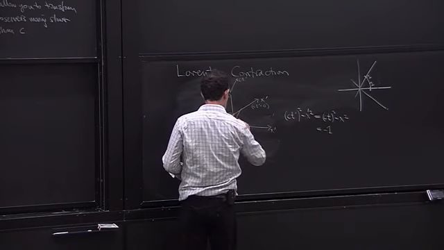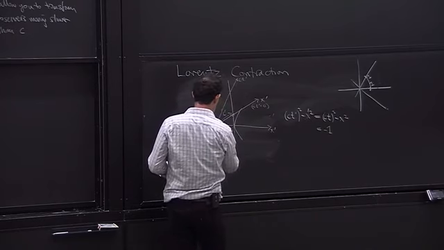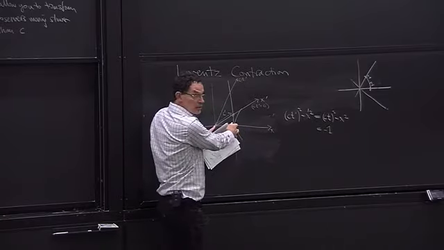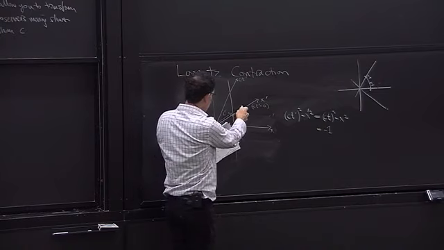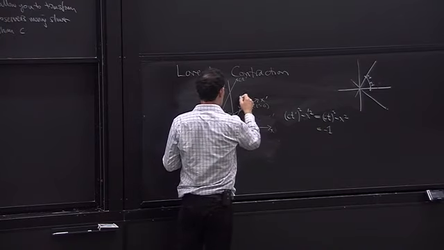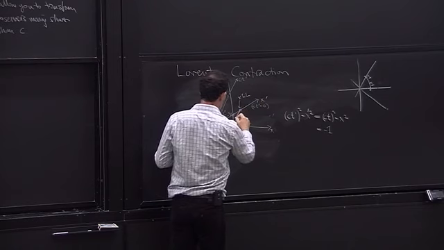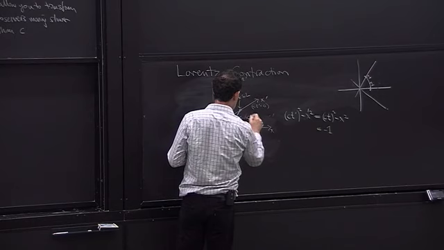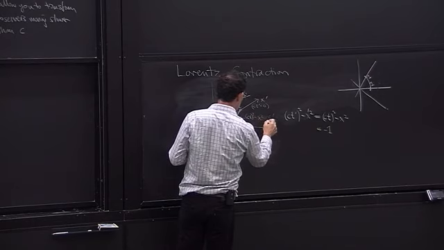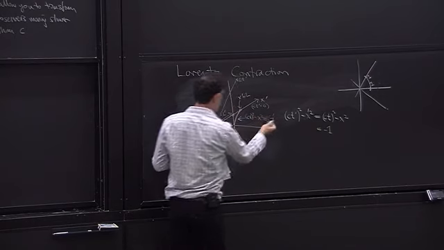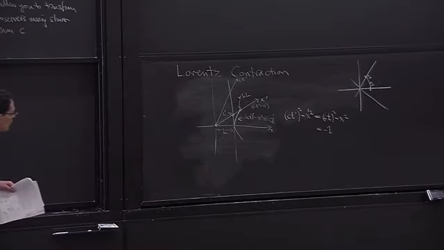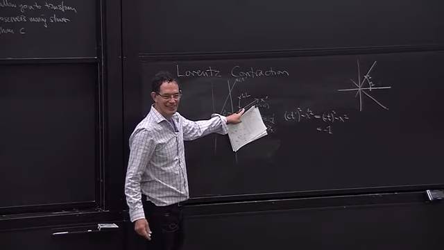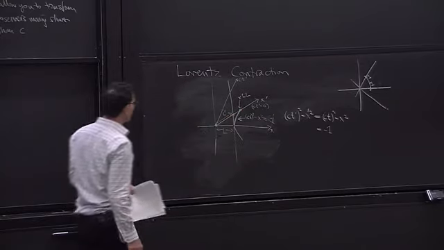So in other words, if this is X equals L, this distance will be X prime equals L, where this curve here is the curve CT squared minus X squared equals minus 1. That's a hyperbola. Okay, so now it's clear that L prime is less than L. So you have to keep that in mind.